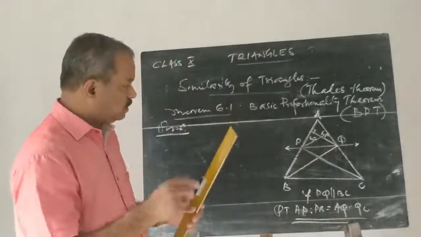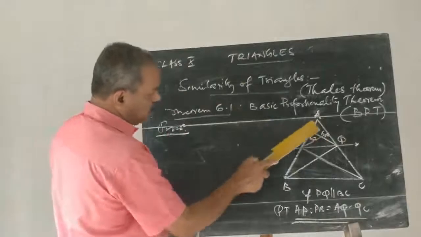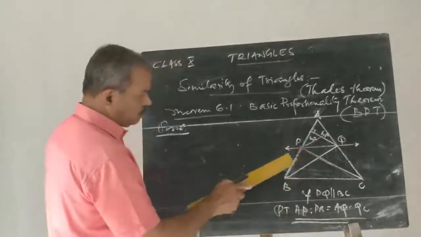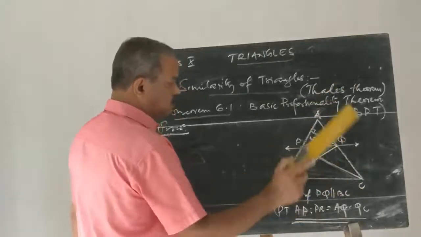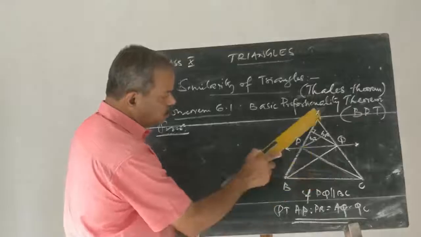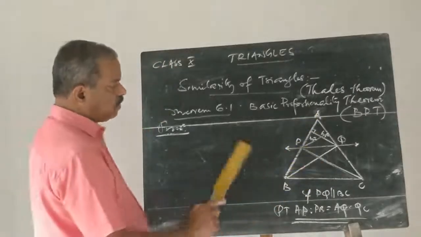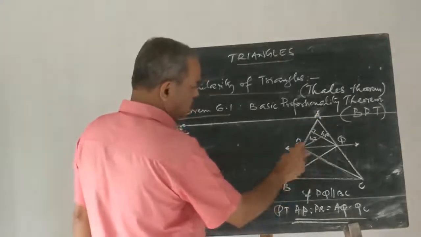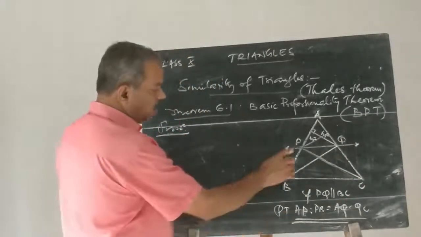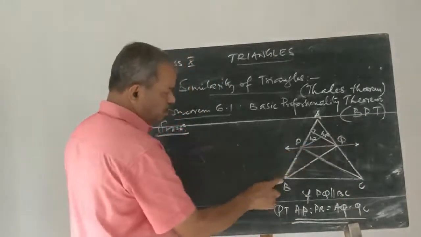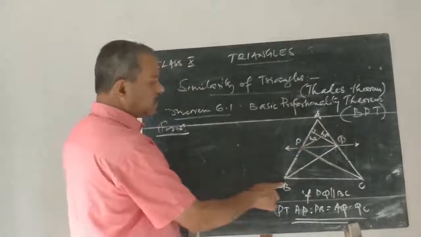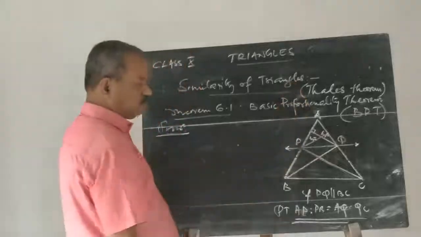Here, first consider the triangle APQ and the other portion PBCQ. By drawing these lines, we divide PBCQ into two triangles: triangle PQB and triangle CPQ.